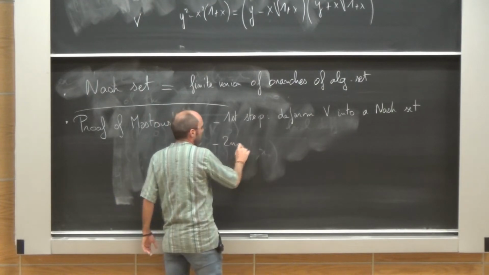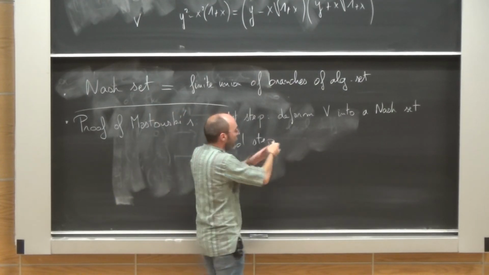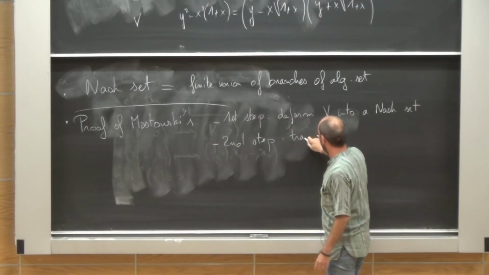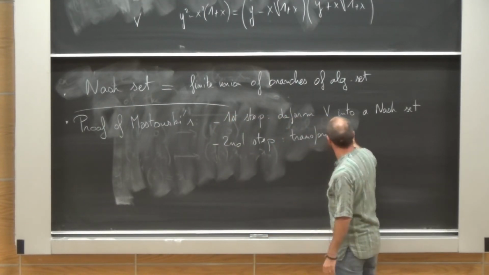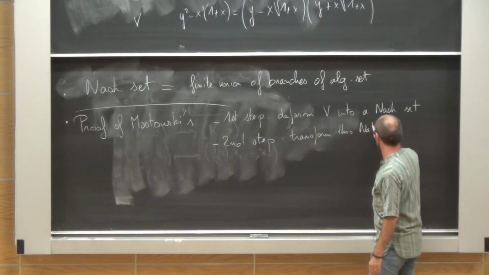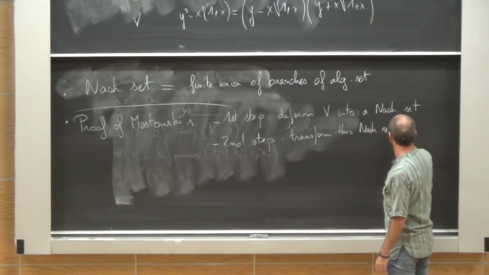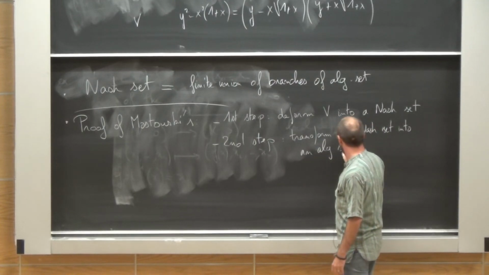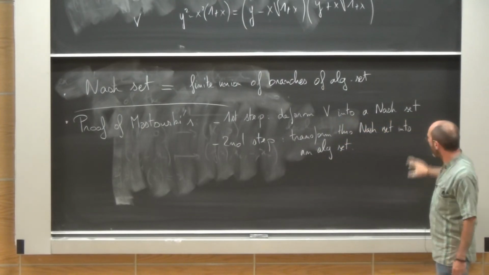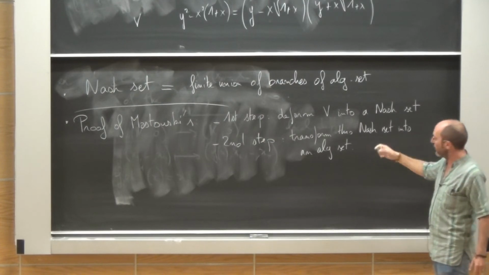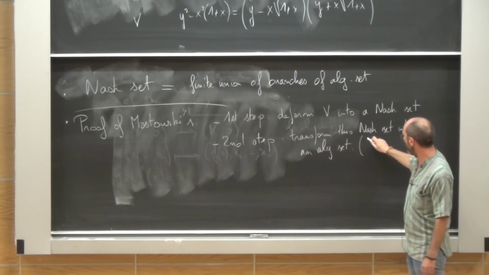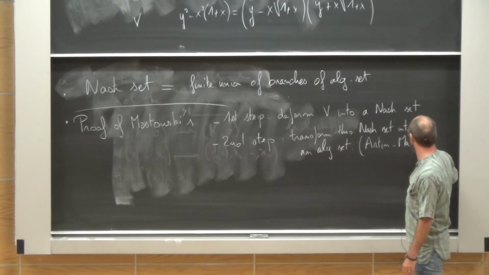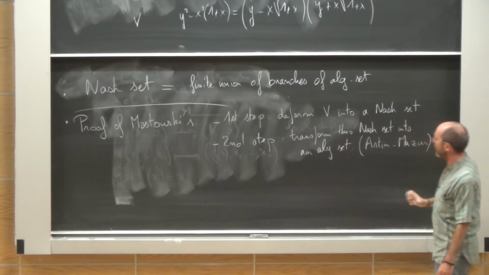The second step is to transform this Nash set into an algebraic set. The second step is not that difficult. It's well known, a trick due to Artin and Mazur. The first step is more complicated.